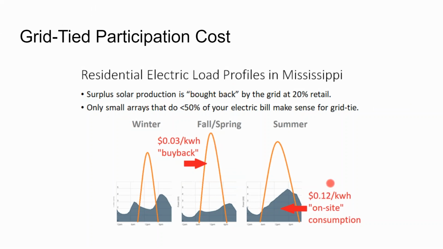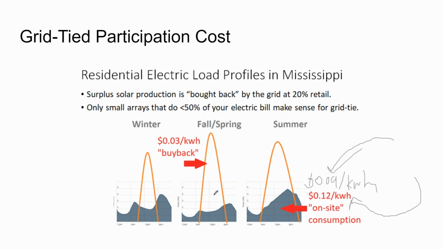The retail price of electricity works out to be about 12 cents a kilowatt hour total, but when you back out the fixed meter fee, it's only about 9 cents a kilowatt hour. And so even if we had net metering in Mississippi, we wouldn't get a retail 12-cent rate. We'd only get a 9-cent rate, which is 25% less than retail.